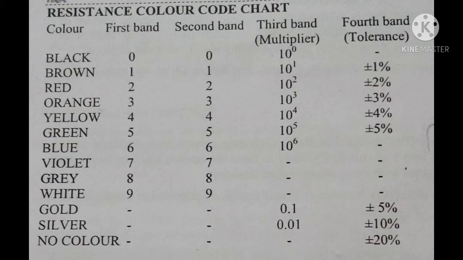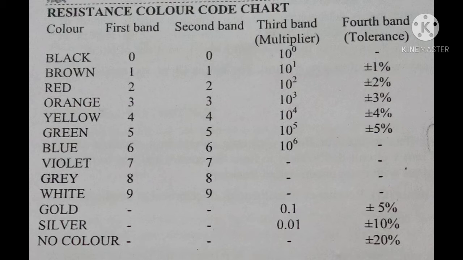And after green, blue, violet, grey have no tolerance. Similarly, white also has no tolerance. There is plus minus 5% tolerance for gold, plus minus 10% tolerance for silver, and plus minus 20% tolerance for no color. So we have studied this color code chart.